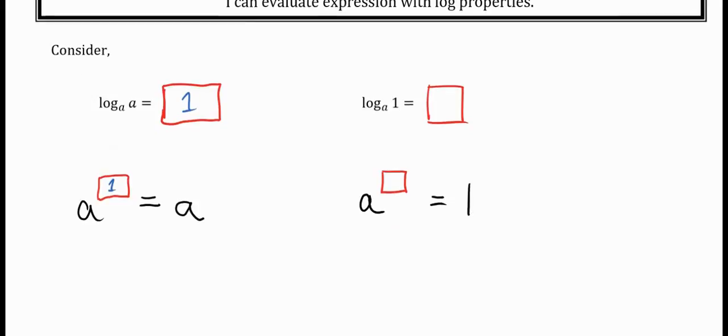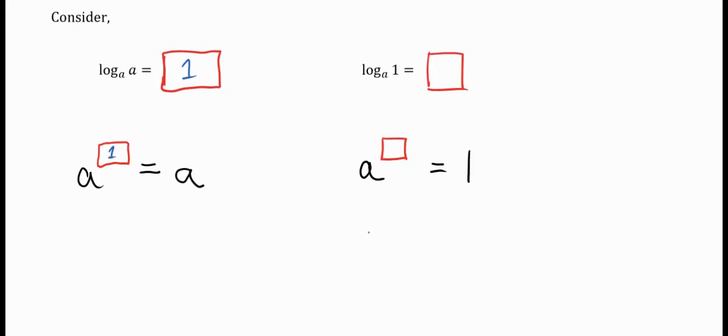If I wanted to solve this as an exponential equation, I again would go a to some exponent equals a to the 0. So I've rewritten 1 as a to the 0. Therefore, I've got to put 0 in here. But now we know that if the argument of a log of any base is 1, the result's going to be 0.